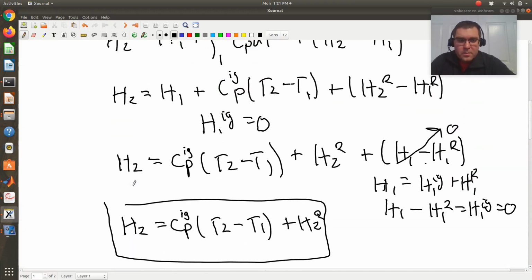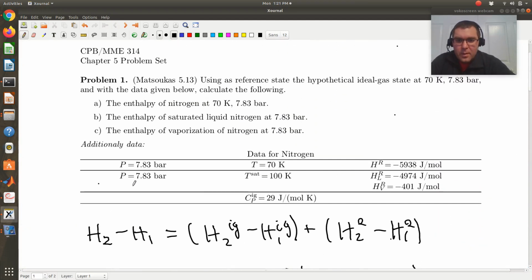All right, now problem C. Problem C asks for the enthalpy of vaporization of nitrogen at 7.83 bars. Here we actually won't even need to worry about the reference state, and we'll go through that in a second. That corresponds to this row here, 7.83 bars, at our saturation temperature of 100 Kelvin.